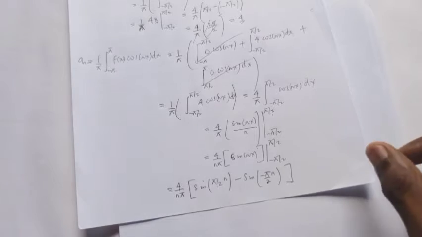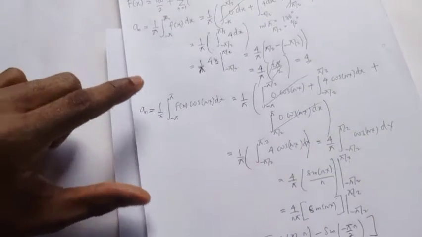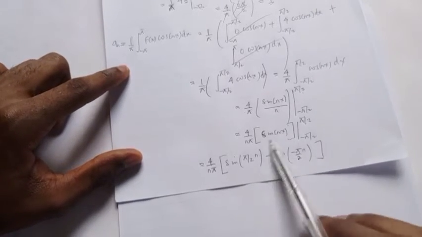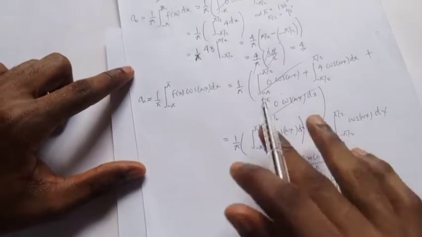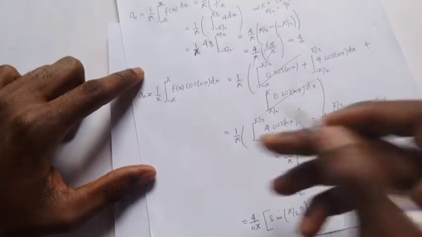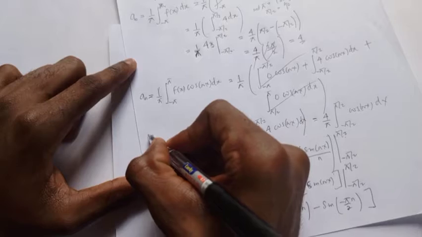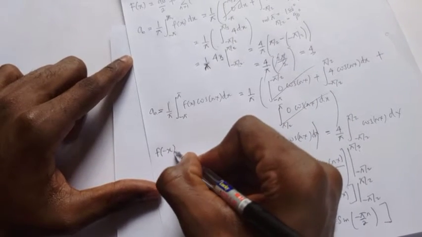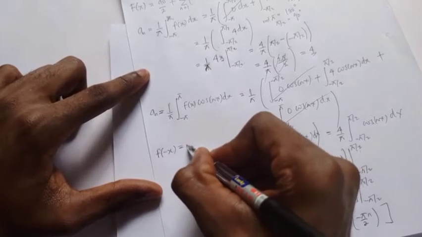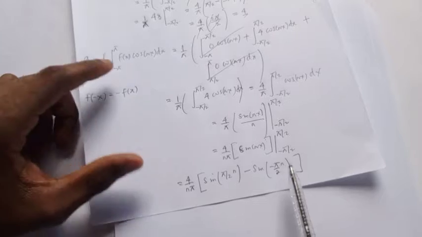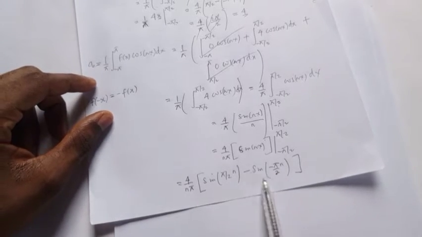Before I substitute it here, remember what I said about odd and even functions. The sine function is an example of an odd function, a function in which minus f of minus x gives minus f of x. We are going to use that same method in this function.